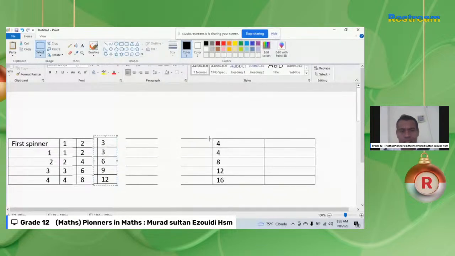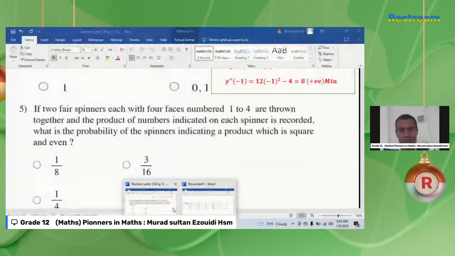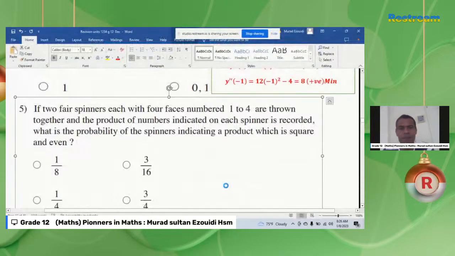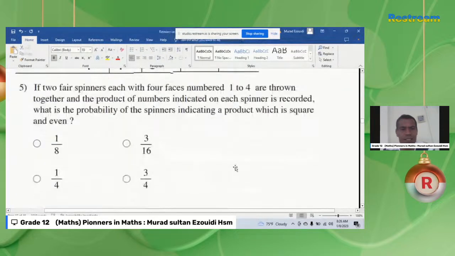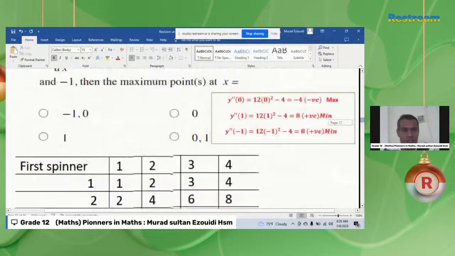This is the last column, the first column, the first row, and the fourth column. Now I will paste this there, to show the work for you. This is now, learners, the simple sample space diagram for this question.